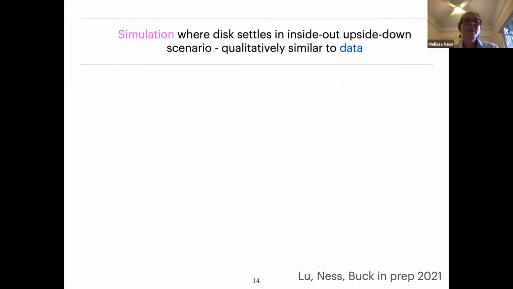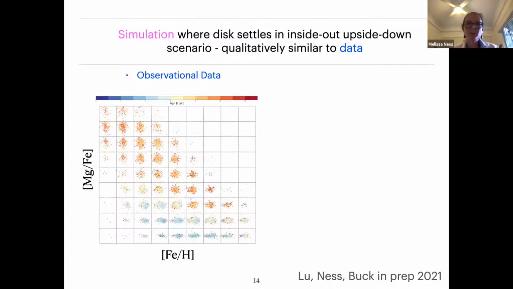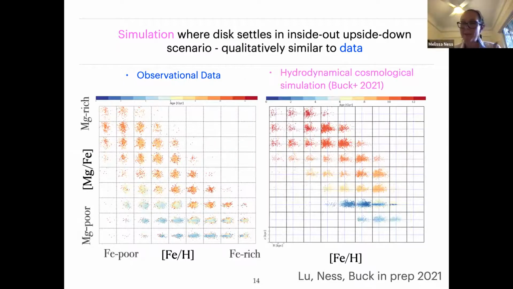We have a simulation where we know that a galactic disk settles in inside-out, upside-down formation, and we see that that's qualitatively similar to our data. So we look at our observational plane, going from our chemical plane to our structural plane, and we can compare that to a simulation from Tobias Buck, the same simulation that I mentioned before. This is a hydrodynamic cosmological simulation.